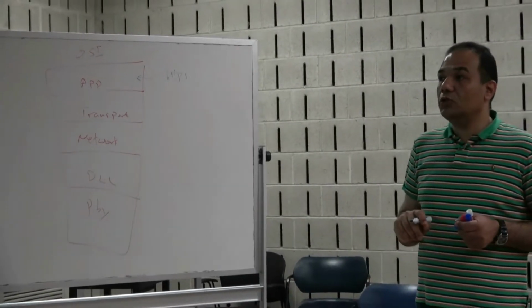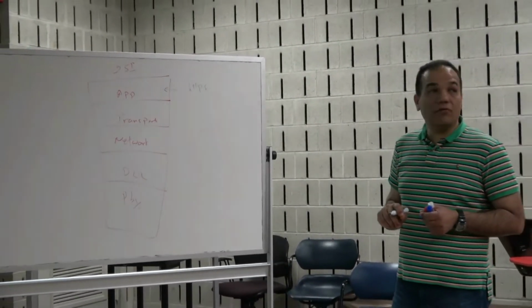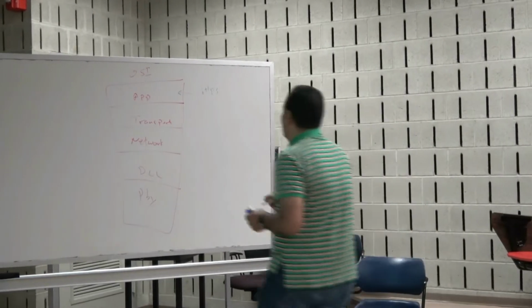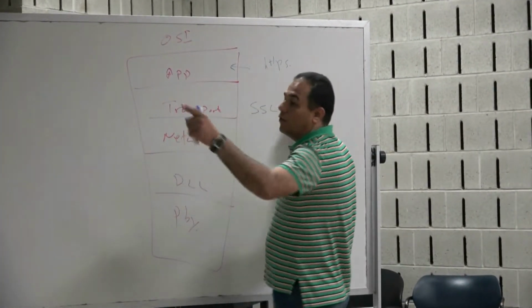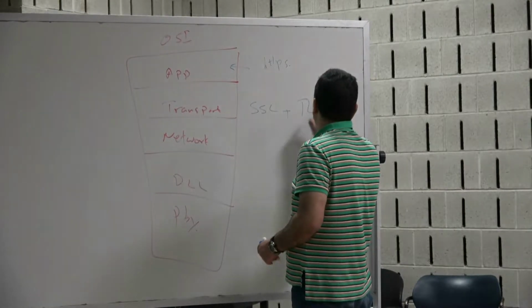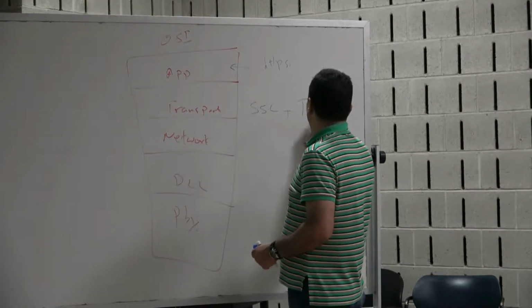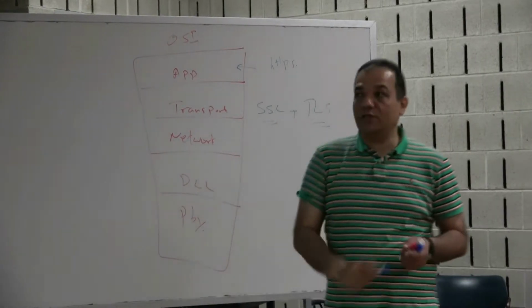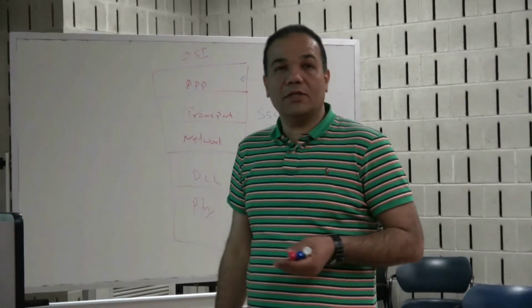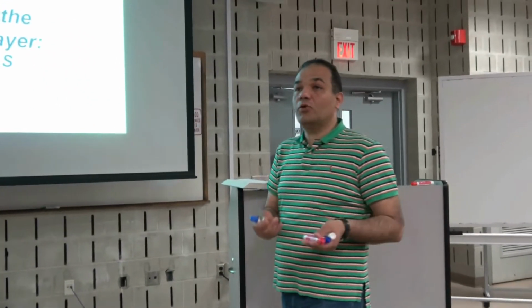Today we're going to talk about security at the transport layer. So we're going to talk about SSL and TLS, which is a newer version, an upgrade of SSL. This security happens at the transport layer.